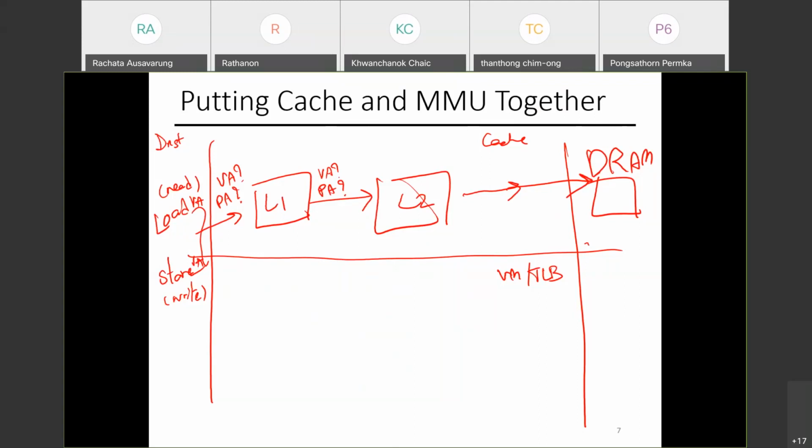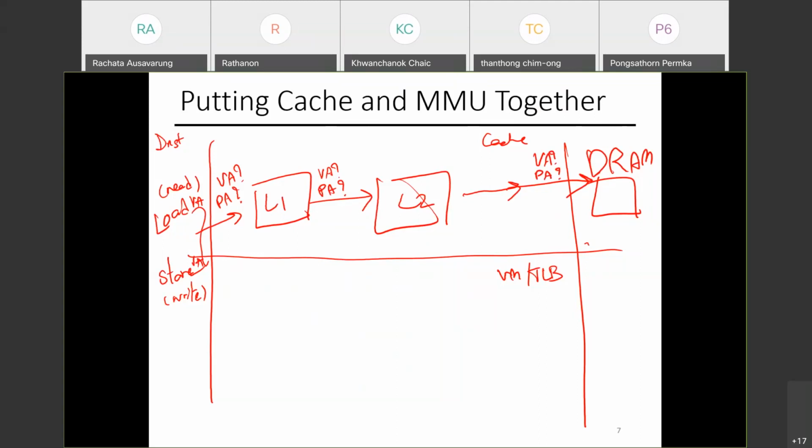All right, let's not answer that question yet. Is this virtual address or physical address, the one that goes to DRAM? Physical address, yes. Because once you need to go to DRAM, you need to know the physical address. If you don't know the physical address, too late.